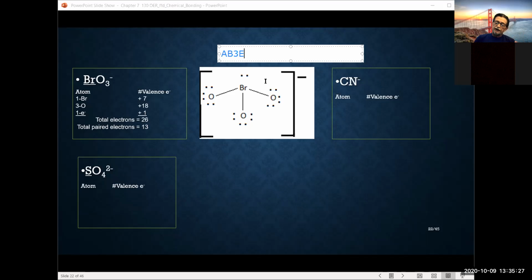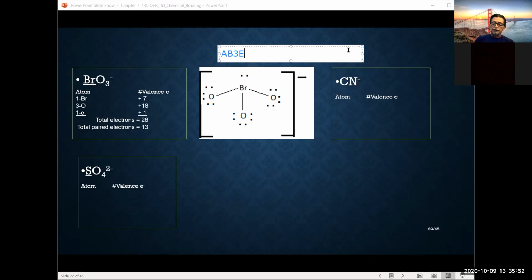Now, because it has a negative charge, it is a polyatomic ion, and the molecule itself is polar automatically. The bonds in there you can still ask whether they are polar, and yes, they are. But the molecule itself, all ions, by the nature of the beast, since they have a charge, are polar.